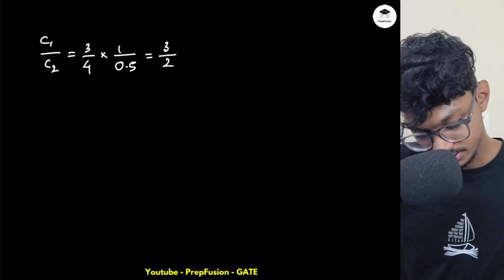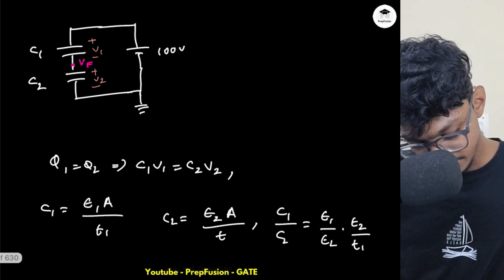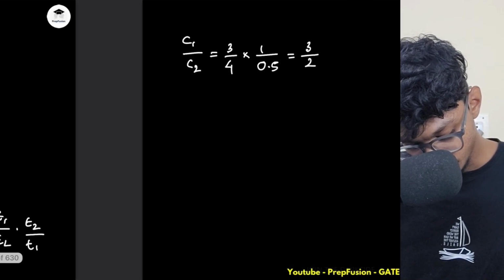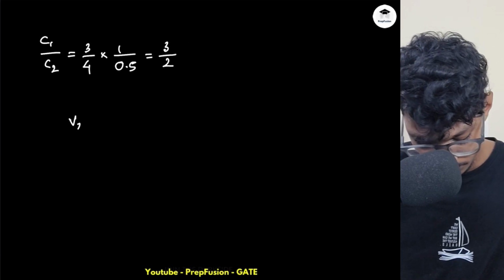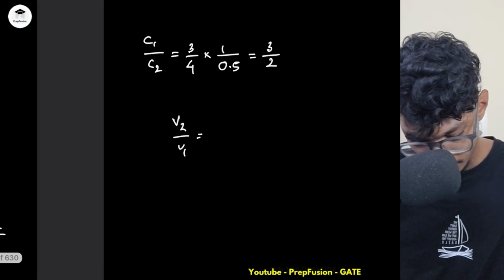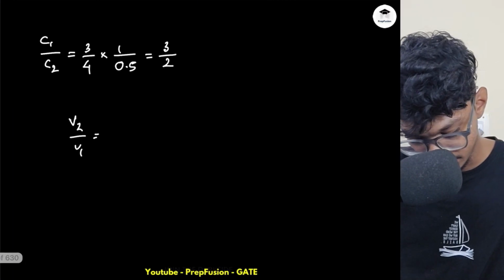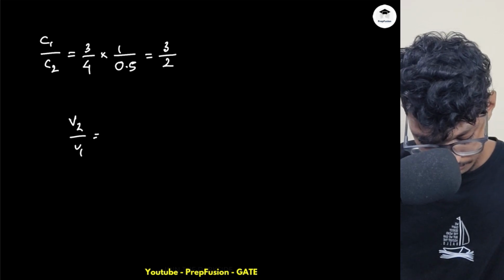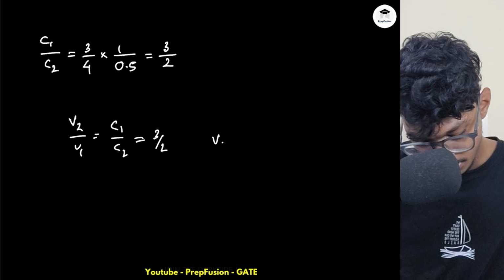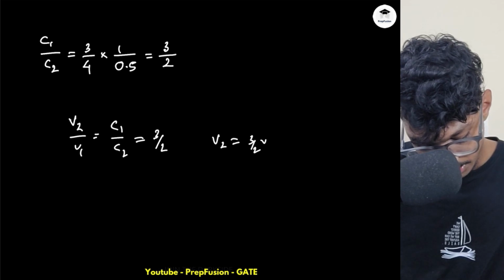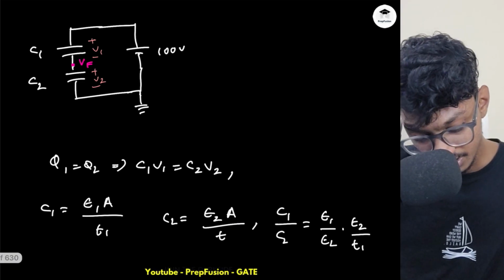Now can I write down the ratio of potentials V1 by V2? What will be V2 by V1? V2 by V1 will simply be equal to C1 by C2, right? Because charges are same. C1 by C2 equals 3 by 2. So V2 equals 3 by 2 V1. And what other equation I know?